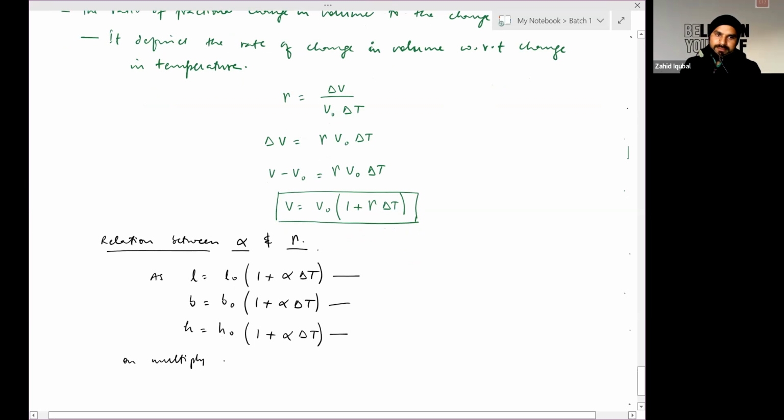Now on multiplying, you get length into breadth into height, L naught, B naught, H naught, 1 plus alpha times delta T for the first part, second and third.